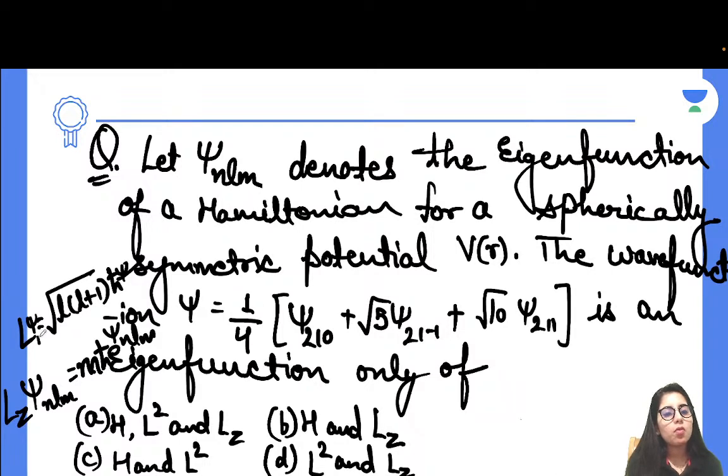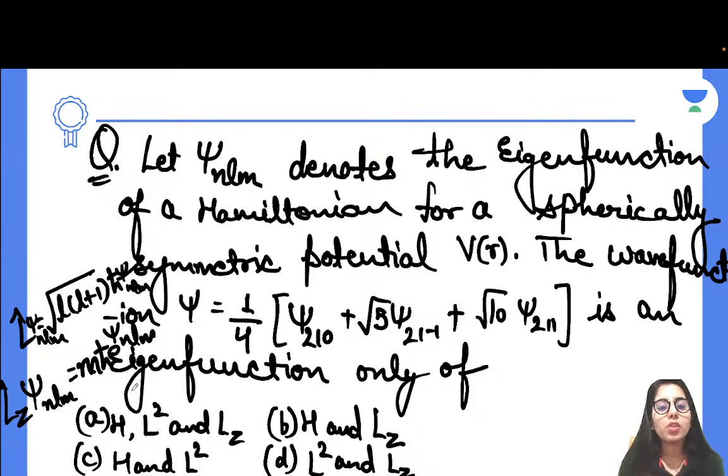Same way for the above part, you can also show the suffix psi n l m. These are operators, the angular momentum operators in quantum mechanics. Now, a function is an eigenfunction when all terms remain even after operating the particular operator, like the Hamiltonian, L square or Lz, on the given function.